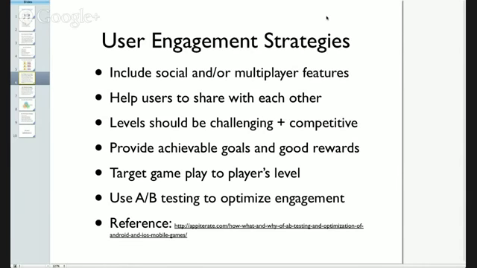Okay, thanks. So the key things in terms of user engagement from a high level is that social and multiplayer make your game stickier, and stickiness isn't the same thing. Stickiness is kind of a mix of engagement and retention, but at the same time, people do tend to get more engaged with a game if they can play with their friends, and if they can share.